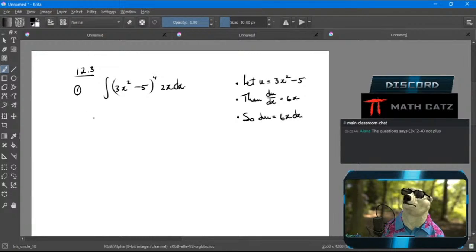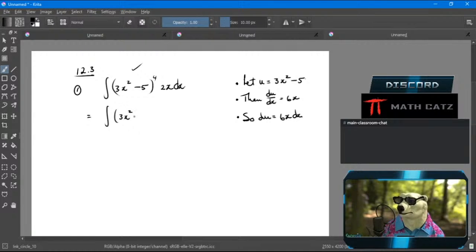Okay. So now, before I can bring in the u's, I need to check, do I see all the pieces that the substitution requires? Well, the 3x squared minus 5, yes, that's over there. I have a 2x and a dx. I need to see a 6x and a dx. So I need to bring in a 3 times 2 to make a 6.